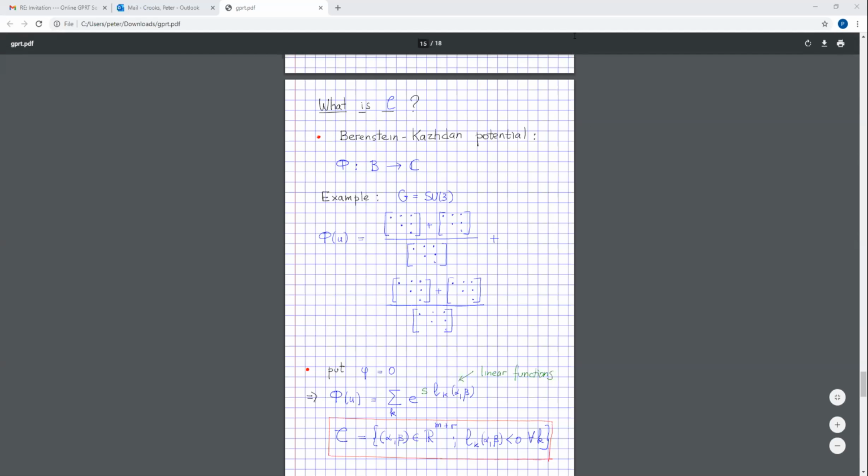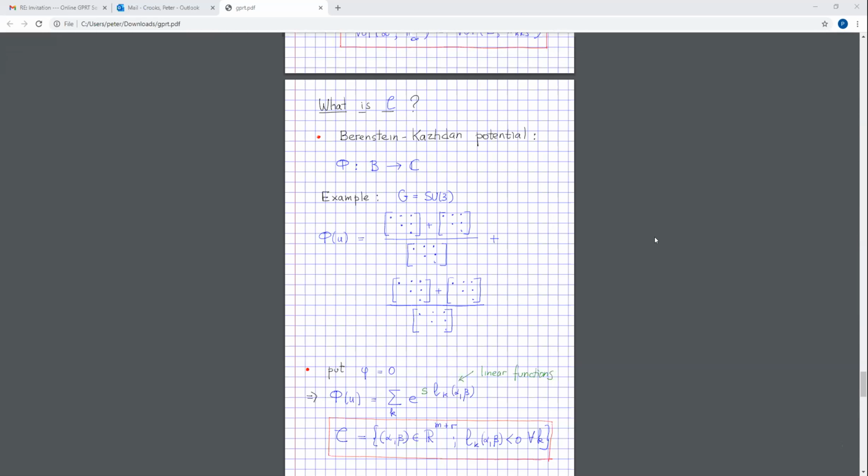Basically, this will be a sum of ratios of minors. In the first fraction, the minor in the denominator should be simply the upper right corner, just the matrix element in the upper right corner. And in the numerator, these will be the shifts of this matrix element.